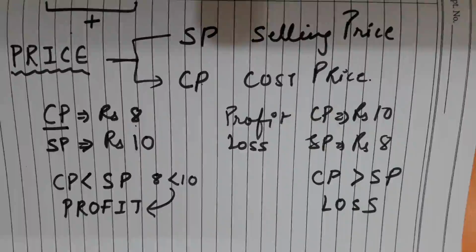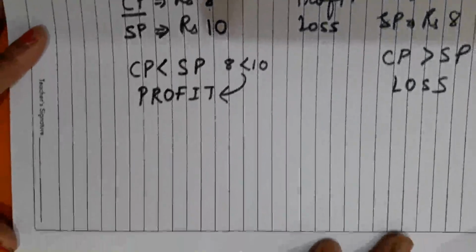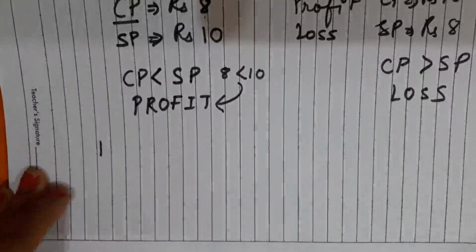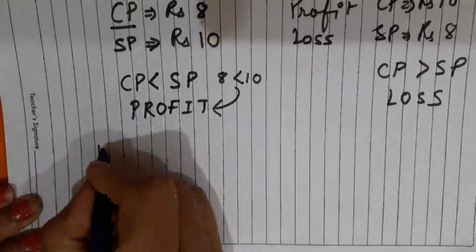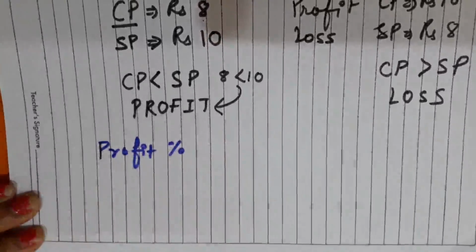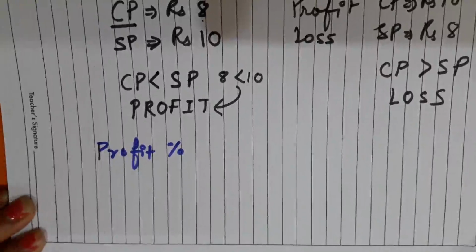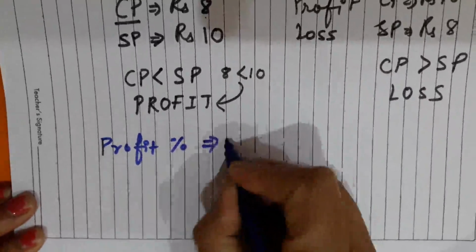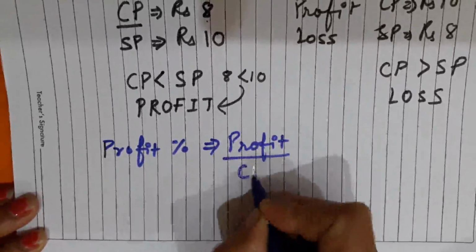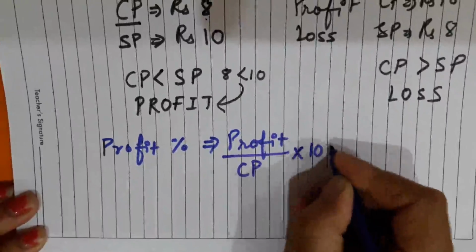Now let's find out, if the question wants to find the profit percentage, in that case you have one direct formula: profit upon CP into 100.